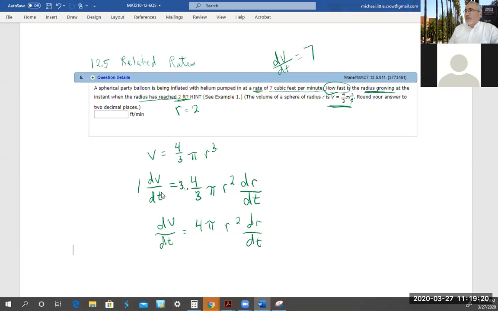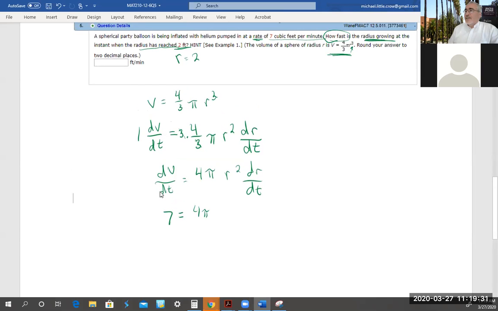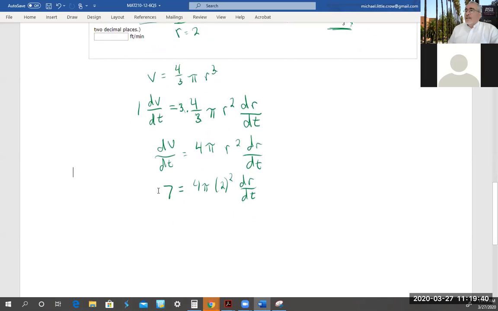So that's what we start plugging in. dV/dt is 7. We've got 4 pi, r is 2, squared, and then dr/dt. So we multiply everything. 2 squared is 4. 4 times 4 is 16.